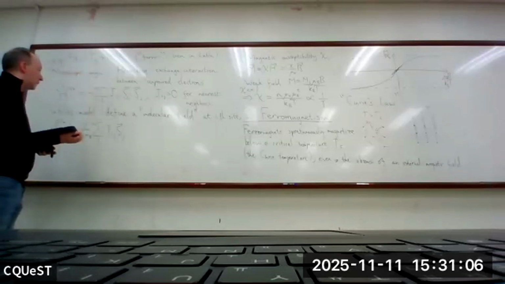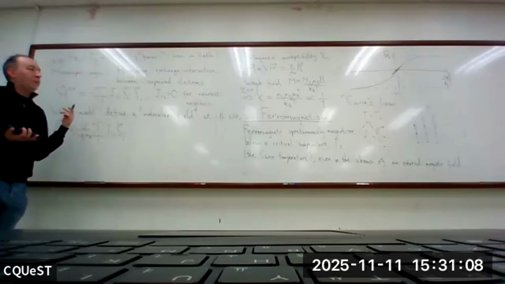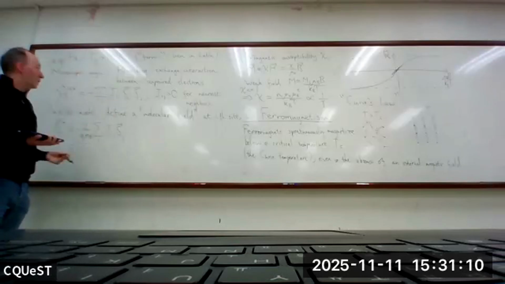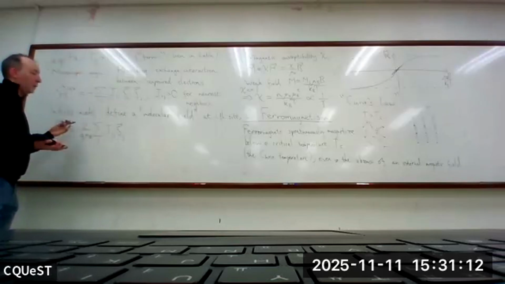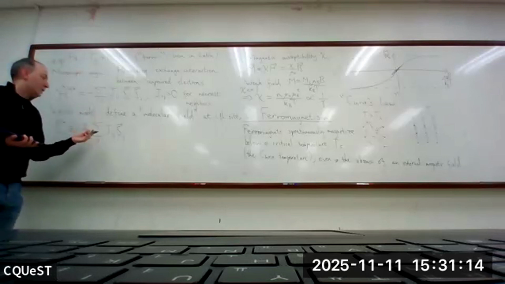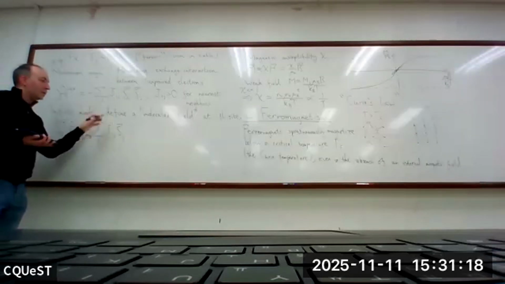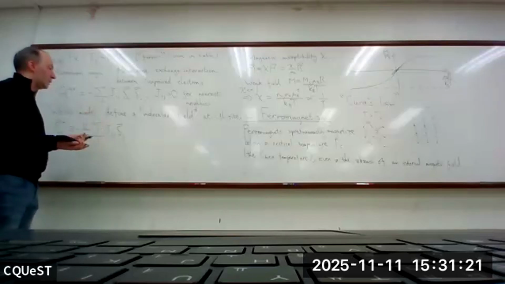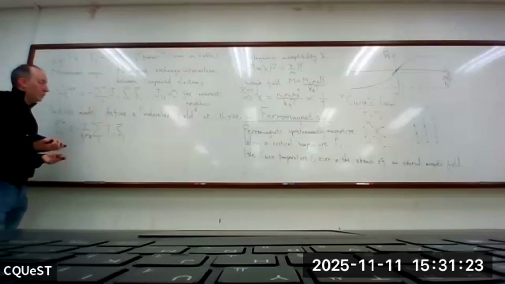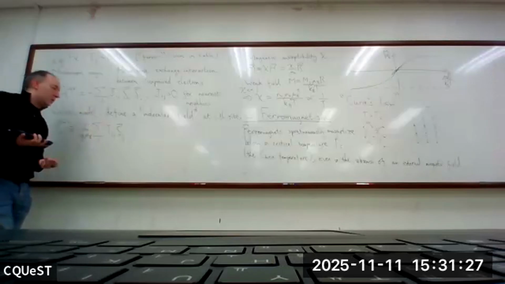Essentially, for a given electron, the ith electron, this is some kind of effective magnetic field that it experiences due to the spins of all the other electrons in the solid, although in practice, we may just consider nearest neighbors to leading order.